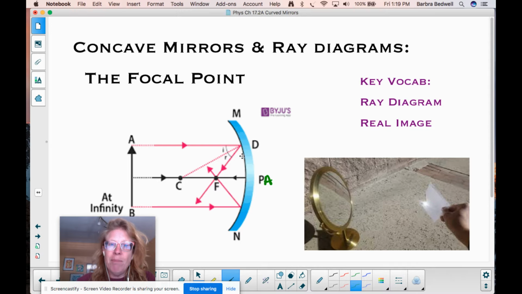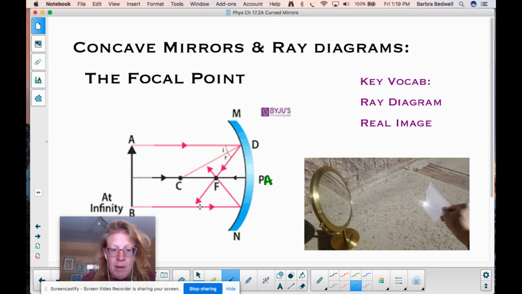Basically, the normal line perpendicular to the mirror at that particular spot is going to go right through the center of curvature. So we always know where that spot is. It's a way to draw it. But again, parallel rays will bounce back through F. And those parallel rays are coming from all different spots on this object. So we've got 3 that are actually drawn here. There's an incoming ray here, bouncing back this way.